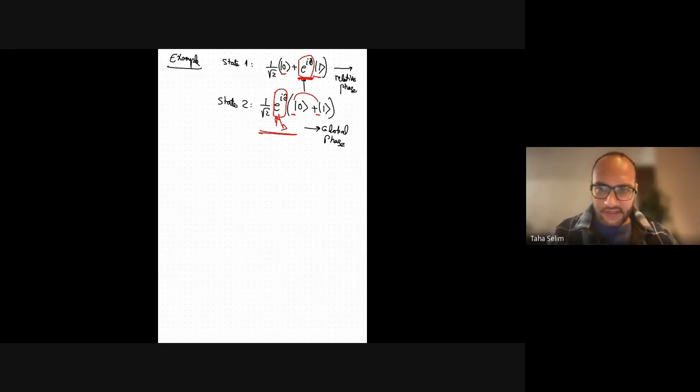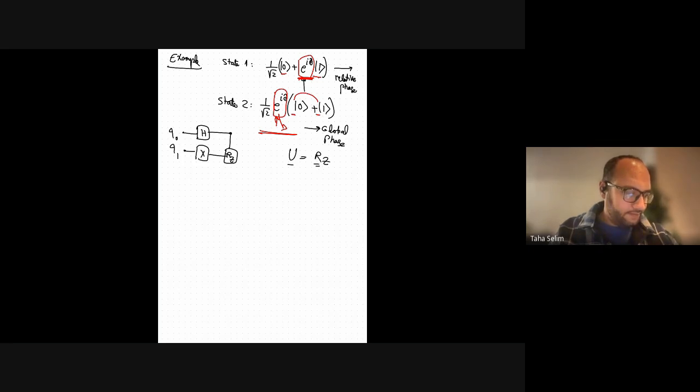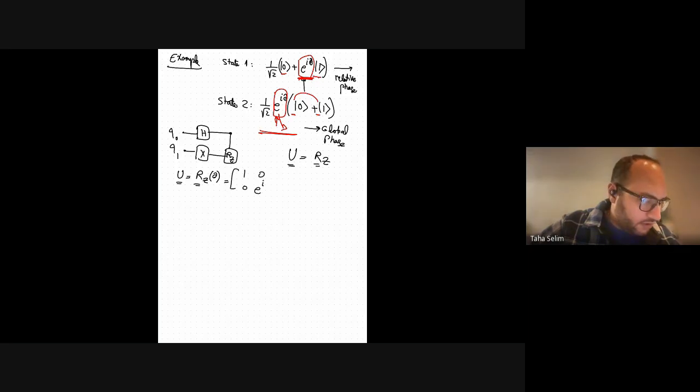If I have this specific circuit, with a controlled U, here it is actually RZ, then this U matrix will equal RZ of theta, which will equal 1, 0, 0, e to the power i theta.